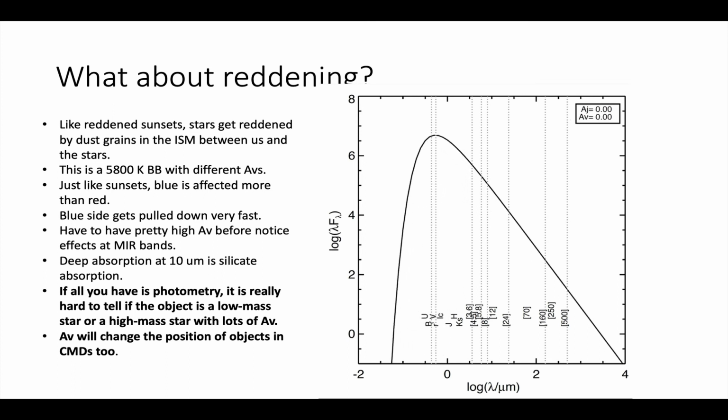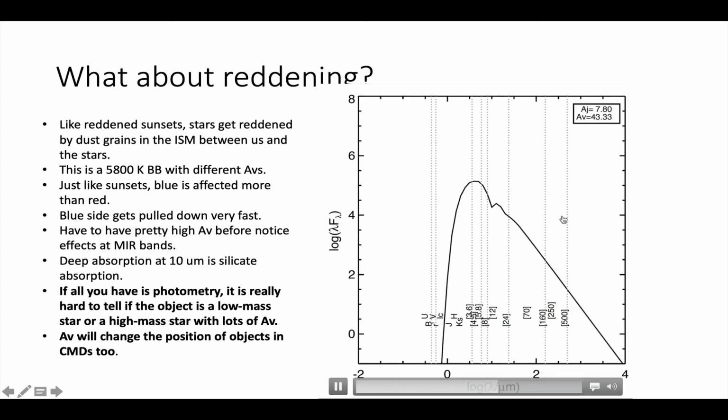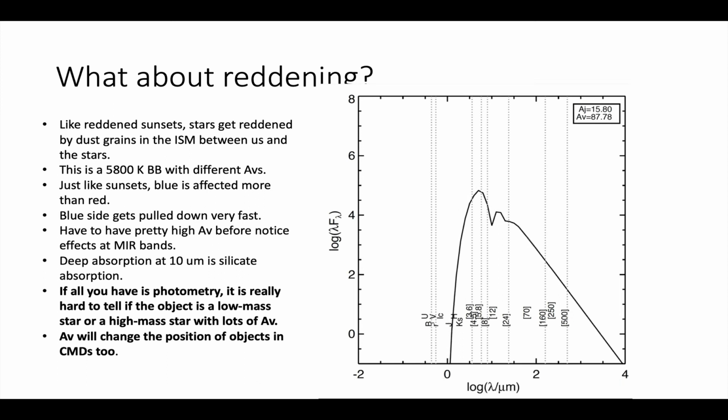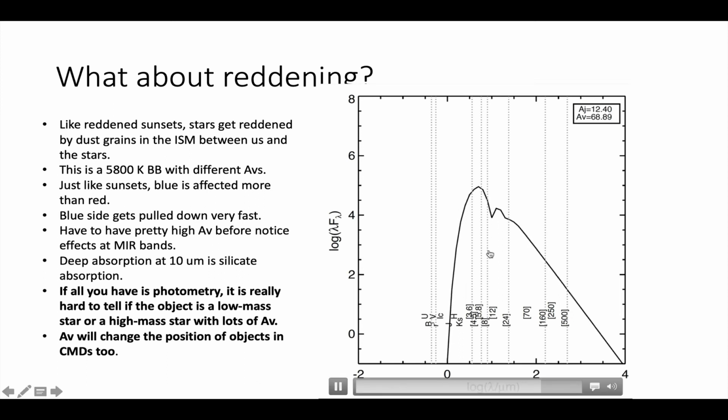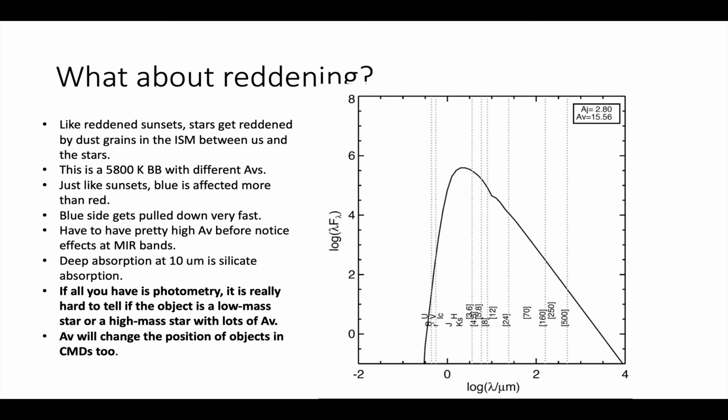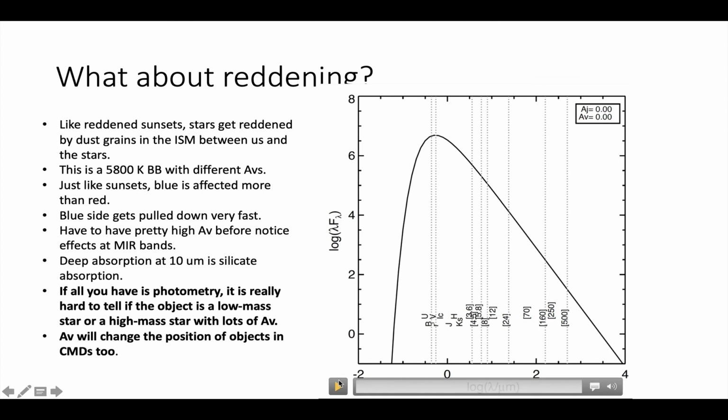But then when you get into higher and higher magnitudes of extinction, you start to affect the stuff in the infrared. That bite that's taken out at 10 microns is not a signature of a dust hole in this context. It is actually a big, broad absorption line from silicate absorption at 10 microns.